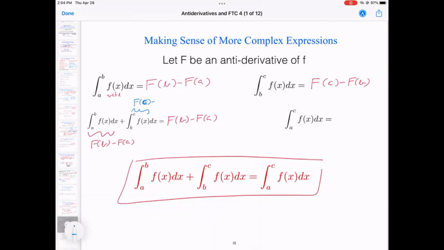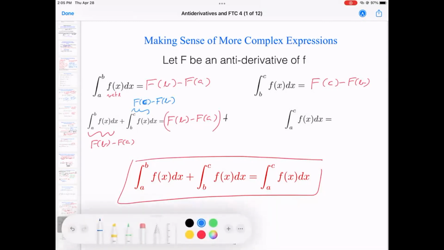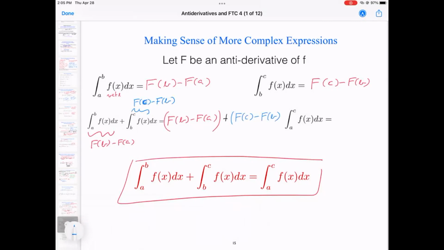Capital F of C minus capital F of B. That means capital F of B and minus capital F of B cancel out, and you get capital F of C minus capital F of A, which is the same as the integral from A to C. So we have proved that you could break up the integral from A to C at some intermediate value B: the integral from A to B plus B to C is the integral from A to C.